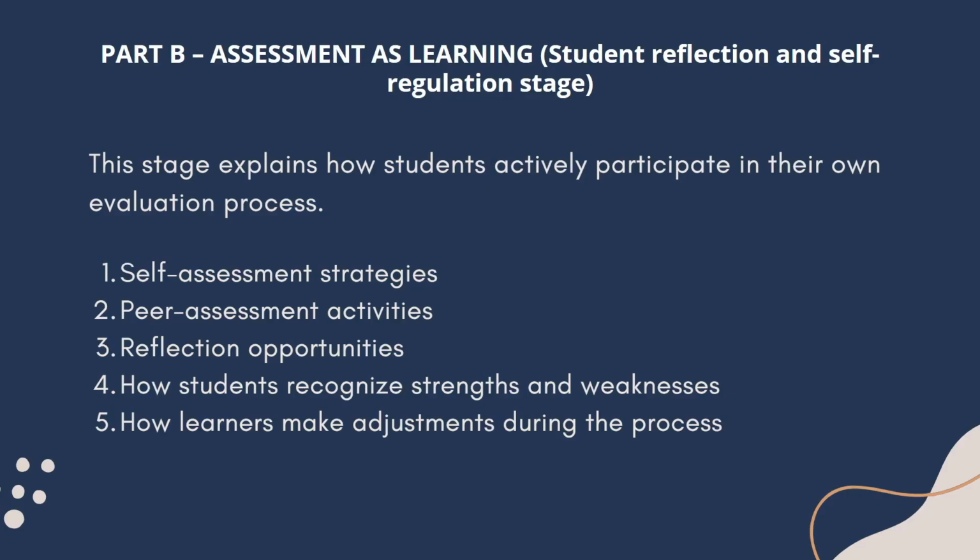Reflection opportunities. After completing their work, students reflect on what they did well and what they can improve. How students recognize strengths and weaknesses: students identify strengths such as good pronunciation or clear ideas, and weaknesses such as grammar mistakes or unclear messages.